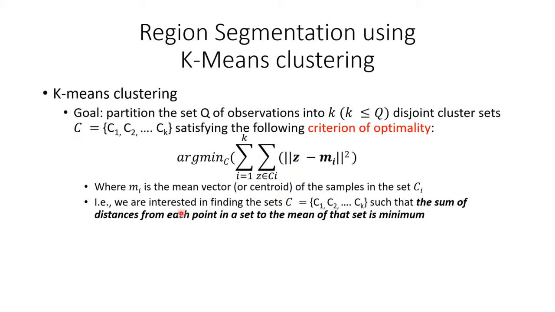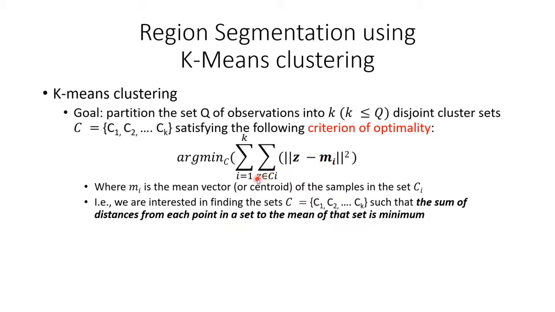It minimizes the sum of distances from each point in a set to the mean of that set. If it's the first time you look at this expression, you may say, oh no, I don't understand anything. What's this? Basically, that's very simple. It's the Euclidean distance between every observation and the mean values of the assigned clusters.